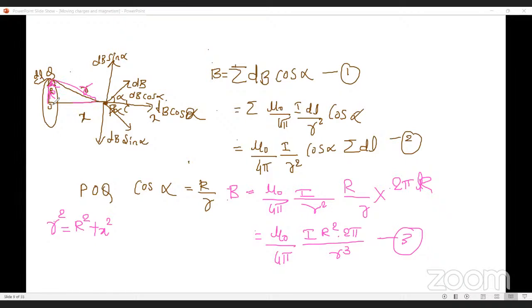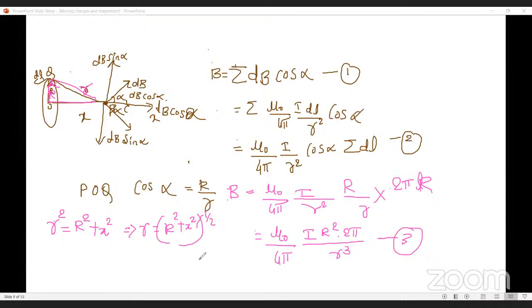Suppose if I want only for r, this implies r is equal to r square plus x square to the power of 1 by 2.